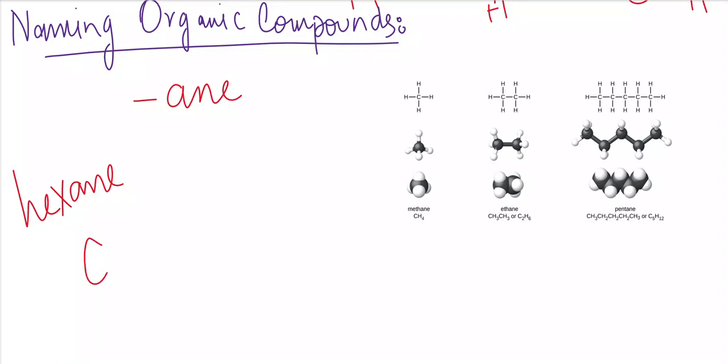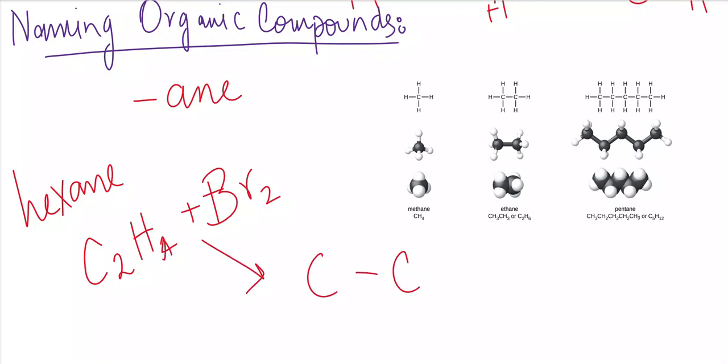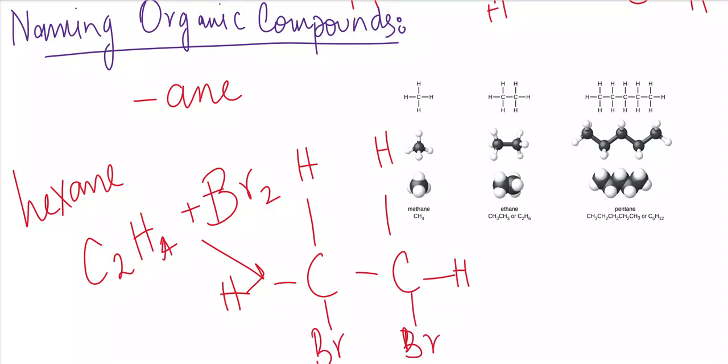So when ethene, C2H4, reacts with bromine, because there is a double bond present in it, just because of the unsaturation, alkenes are more reactive. So when they react, the double bond breaks and they form a carbon-carbon single bond, plus we have hydrogen atoms present there like this, and bromine is attached to these carbon atoms.